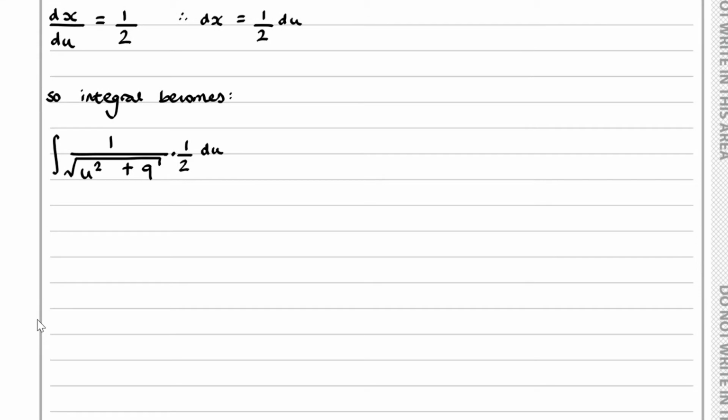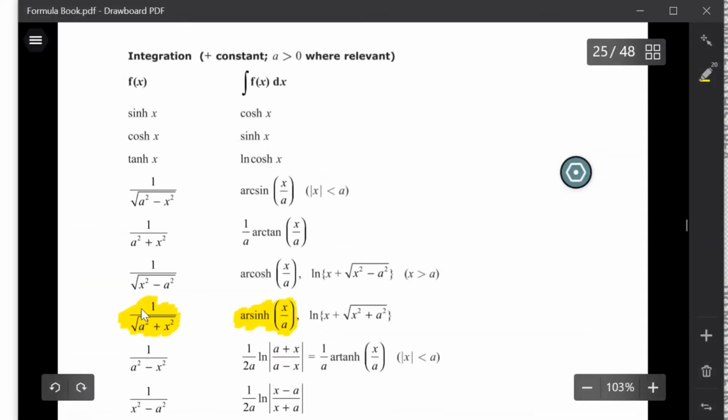Okay? And this over here is equivalent to 1/2 times the integral of 1 over the square root of u squared plus 3 squared with respect to u. And if you take a look over here, that's of this form.